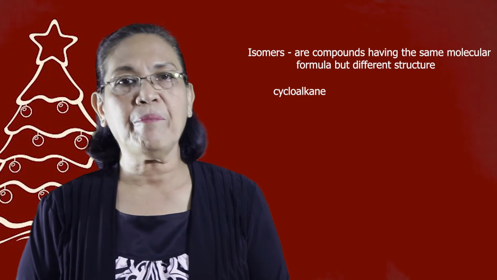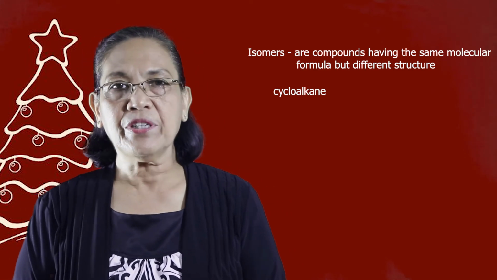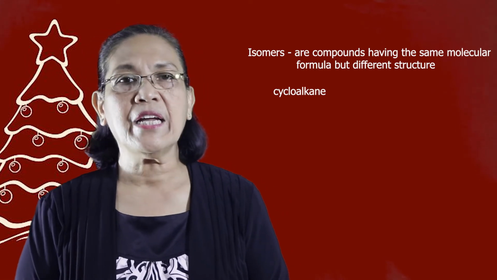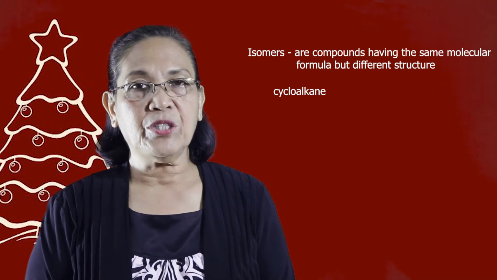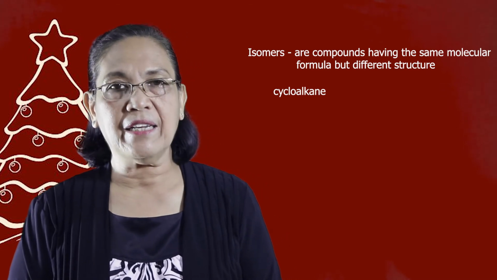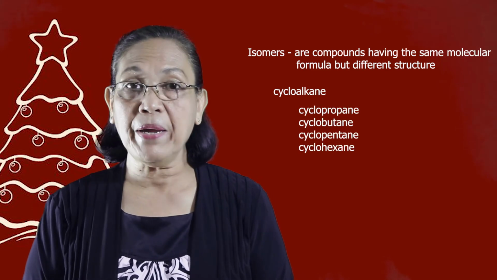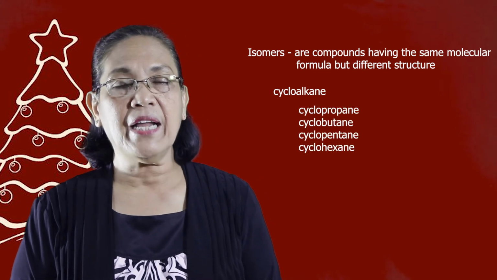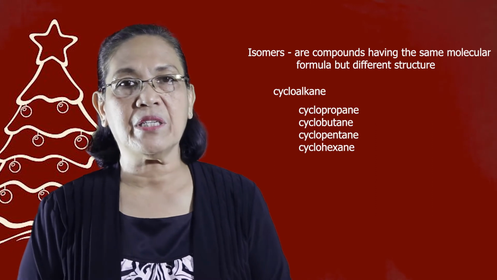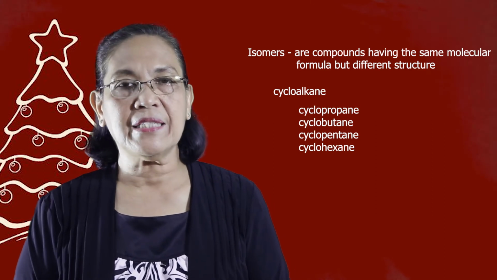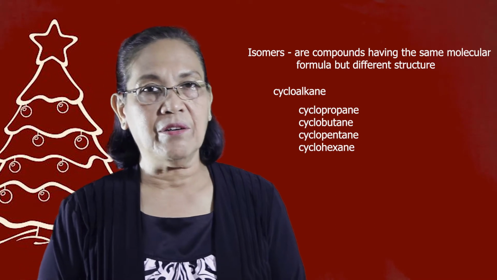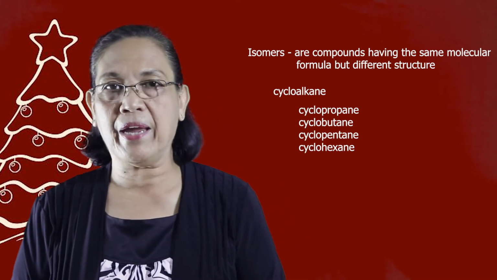So the least number of carbon atoms to form a cyclic structure is 3. So for a cycloalkane, there is what we call cyclopropane, because propane has 3 carbon atoms, and when placed in a cyclic structure, it is called cyclopropane.